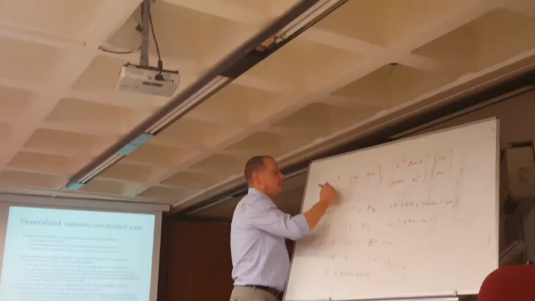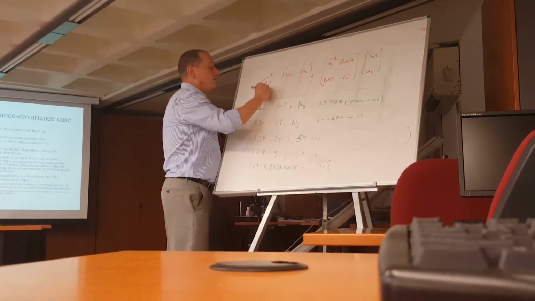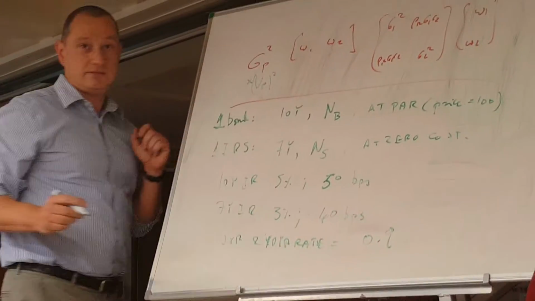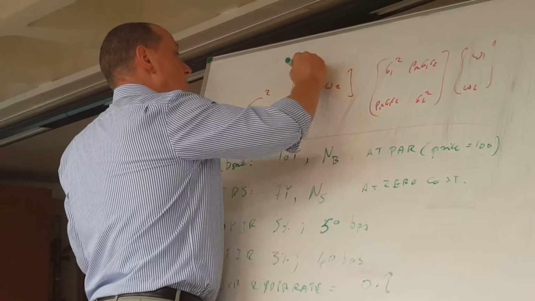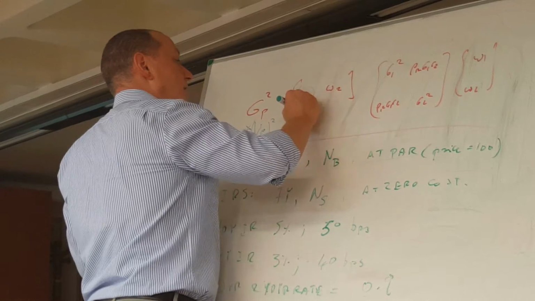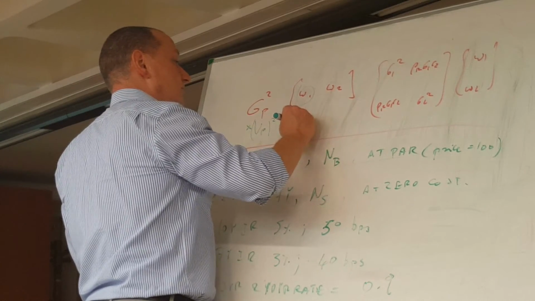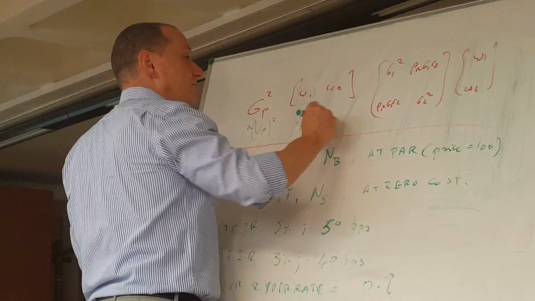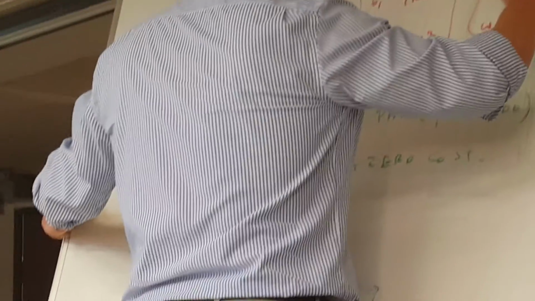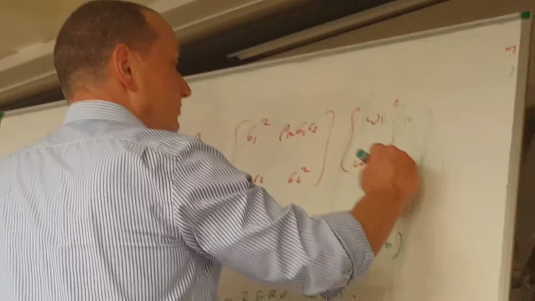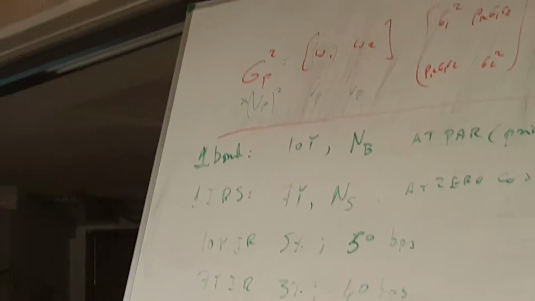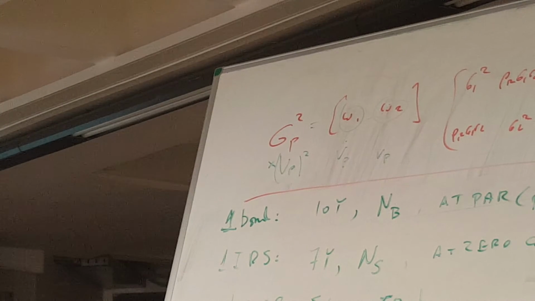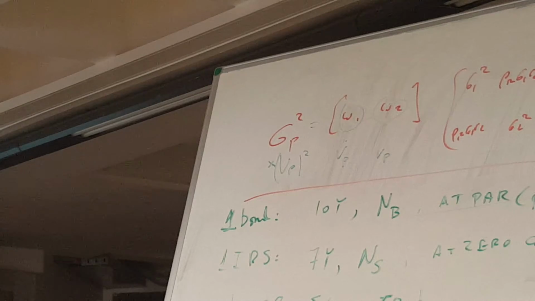Sigma square P times the value of the portfolio squared, okay, equals omega 1 times value of the portfolio times omega 2 value of the portfolio, omega 1 value of the portfolio, omega 2 value of the portfolio. Okay?